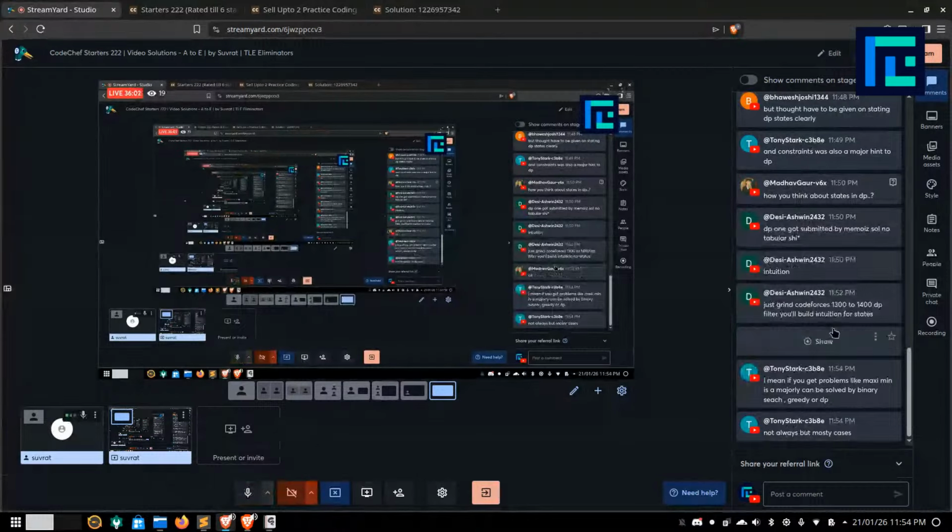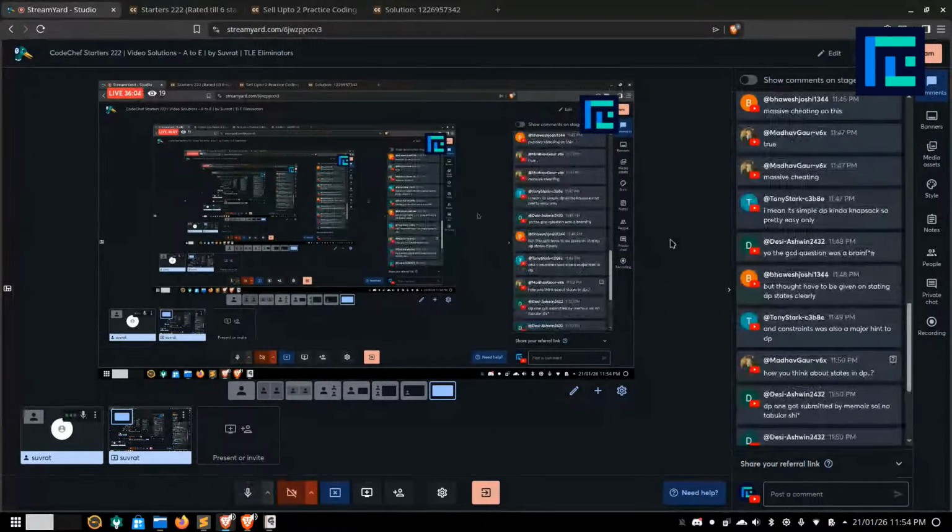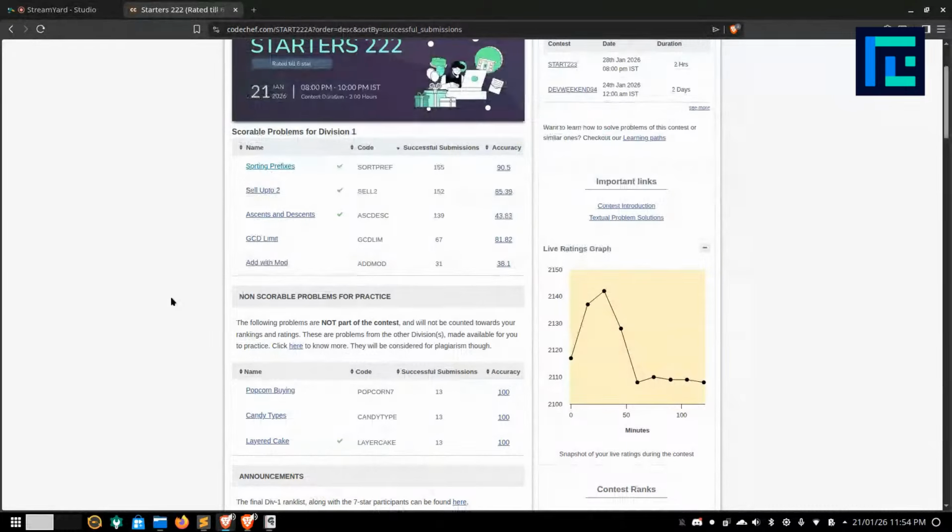It's a simple DP, kind of knapsack, so pretty easy only. The thing about the GCD question is that in my Div 1, almost only half the people who solved Ascents and Descents could solve GCD Limit.